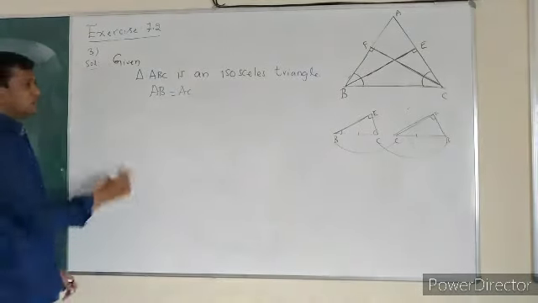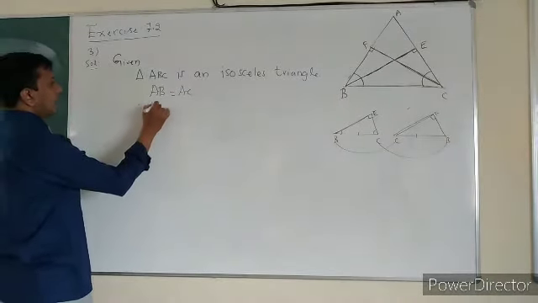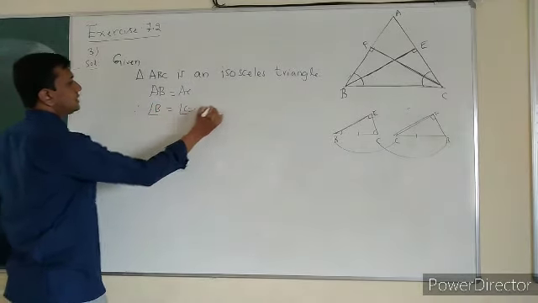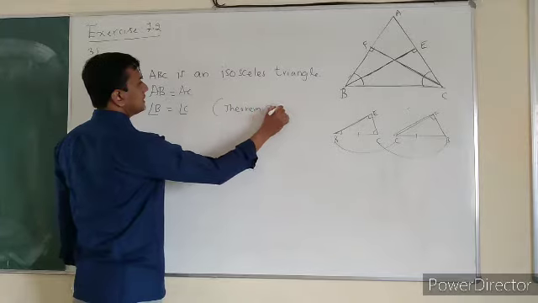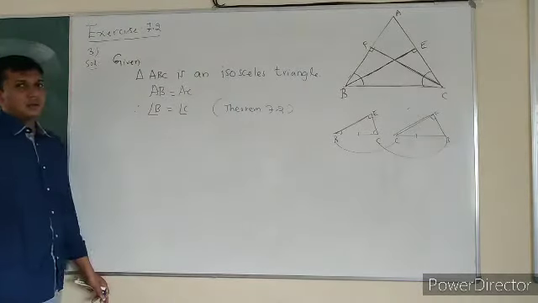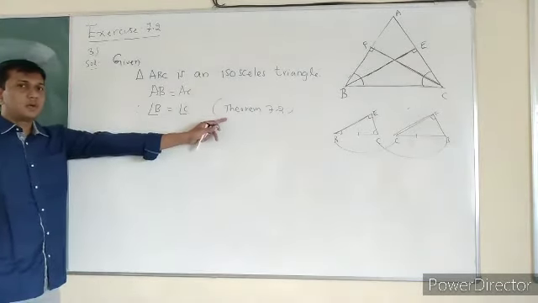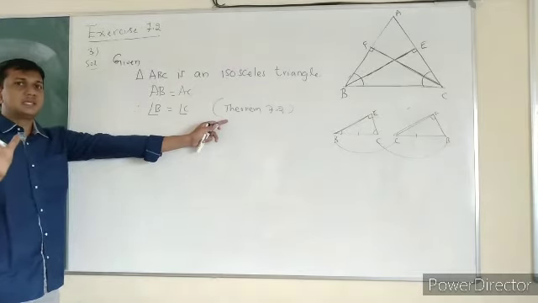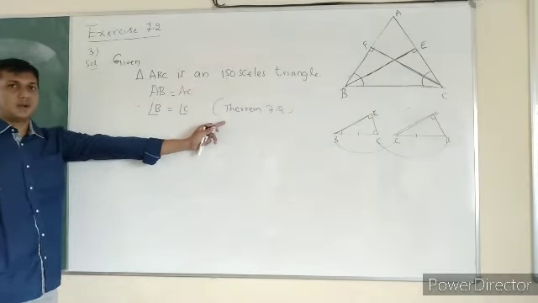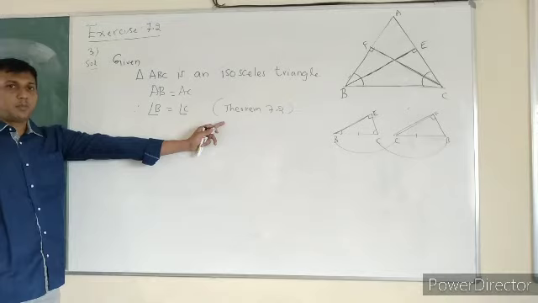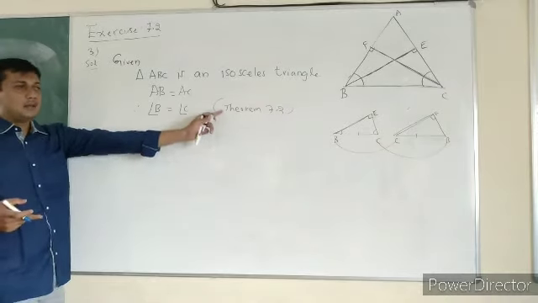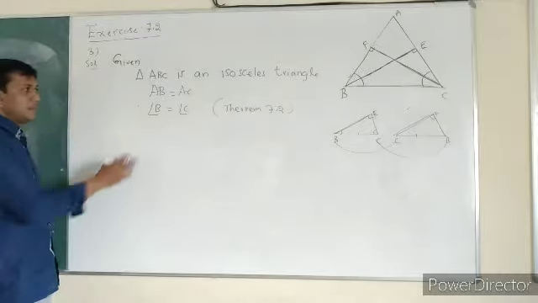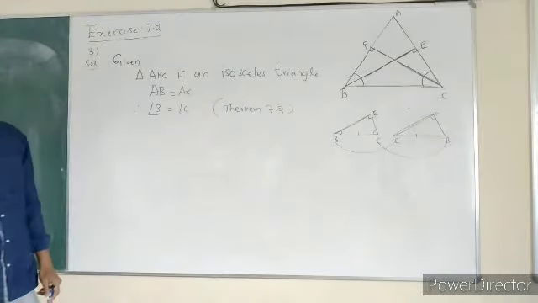If AB is equal to AC, then angle B will be equal to angle C. So theorem 7.2. Wherever I have put theorem 7.2, don't mention the same thing. Mention the statement, whatever the statement given. What was the statement? Angles opposite to the equal sides of an isosceles triangle are equal. That statement you have to write here. Okay. So angle B is equal to angle C.